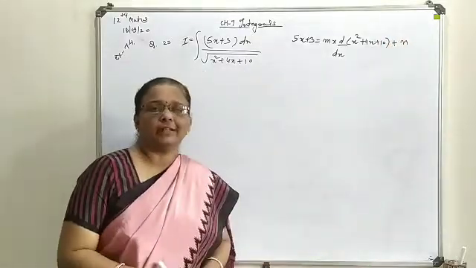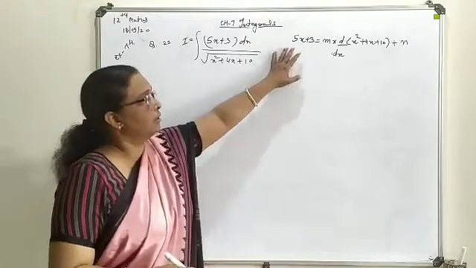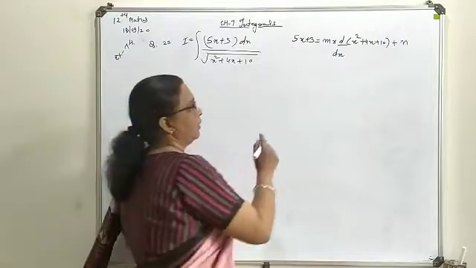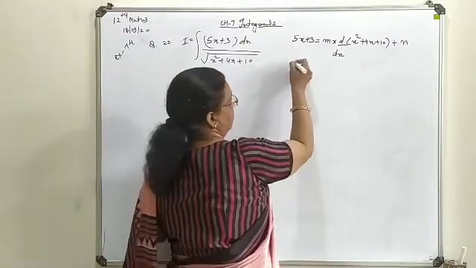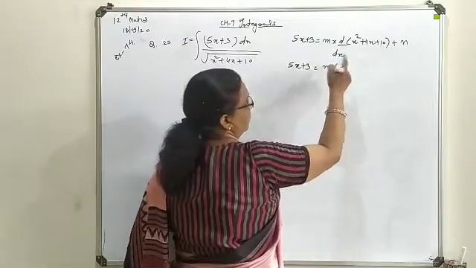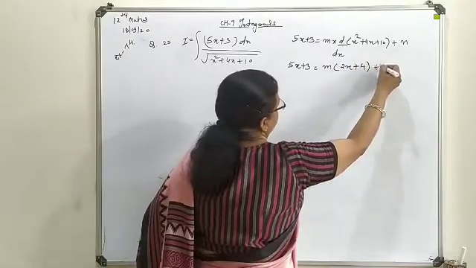We have to find the values of m and n, and that expression will be equal to 5x plus 3. So first write its derived form, which is also considered a part of your solution: m into 2x plus 4, plus n.